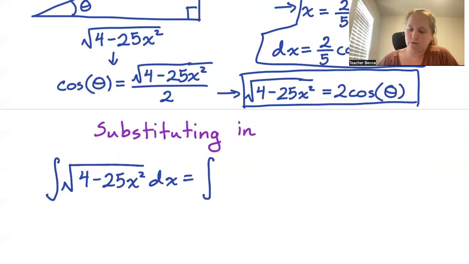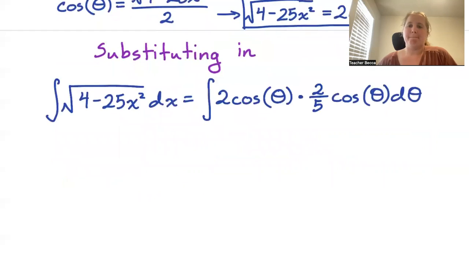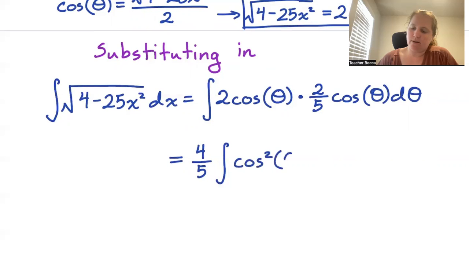We are swapping out for 2 cosine theta. That dx we are swapping out for 2/5 cosine theta d theta. This becomes 4/5 times the integral of cosine squared theta d theta.